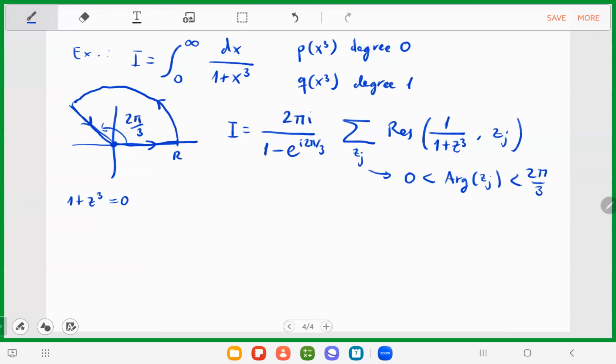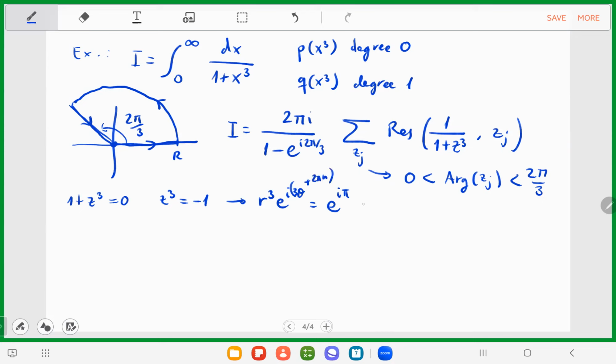It's very easy. If we take z cubed equal to -1 and write it in polar form, r cubed e to the i 3 theta must be equal to e to the i pi. And on either side, we have to add any multiple of 2 pi.